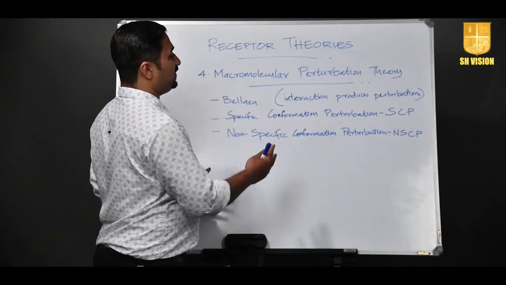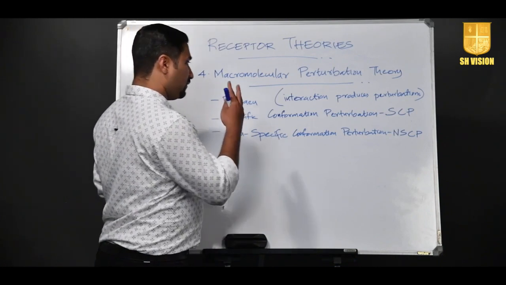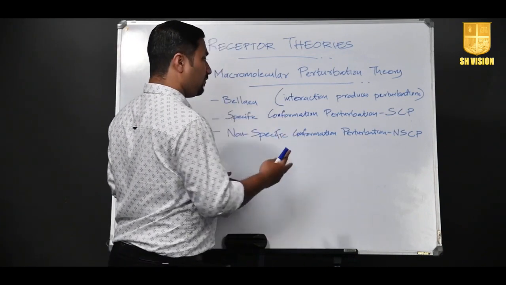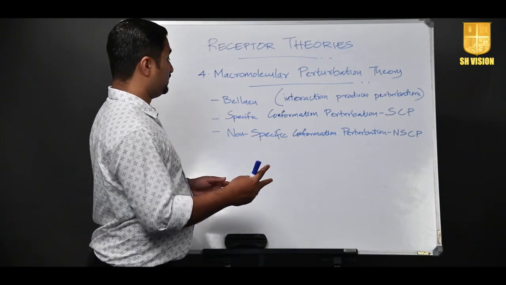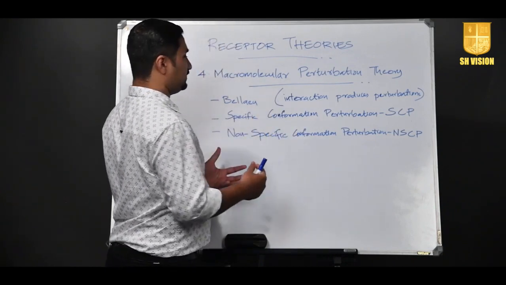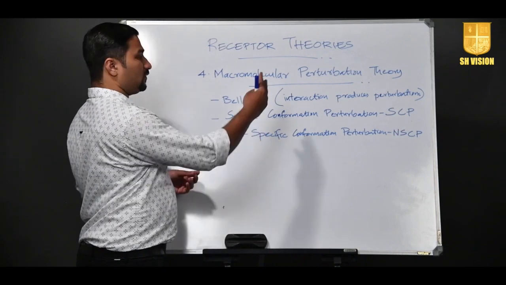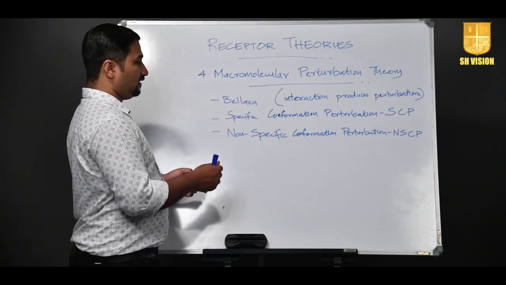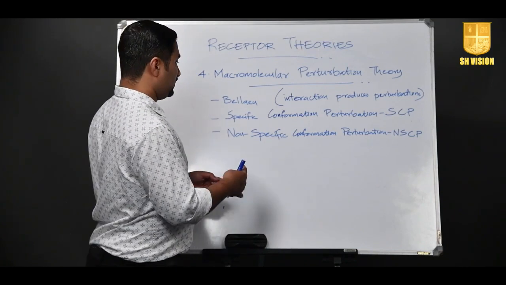Now what is SCP and NSCP? The perturbations which can bring about a biological response are called specific conformation perturbation. That is, the drug interacts with the receptor, which produces perturbations and will finally give a biological response.